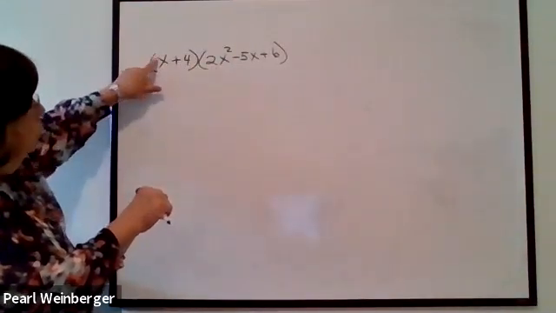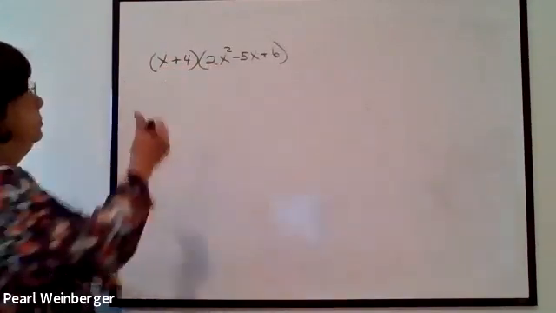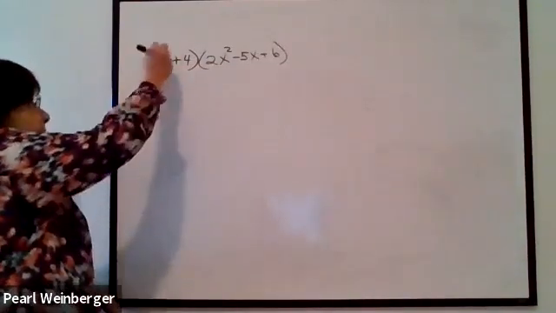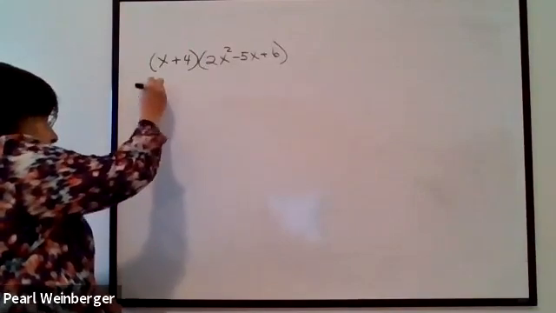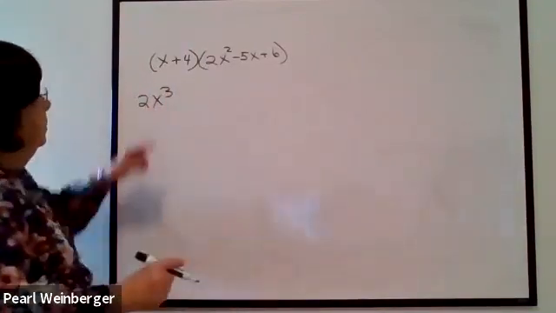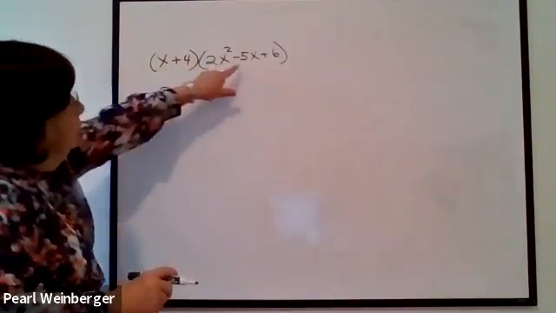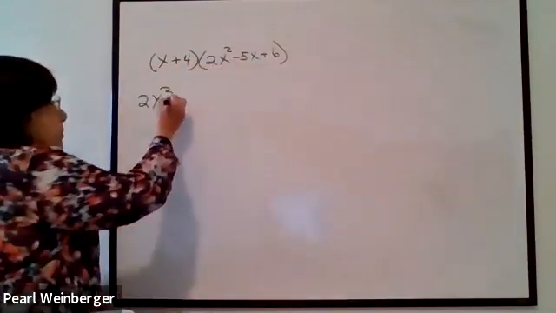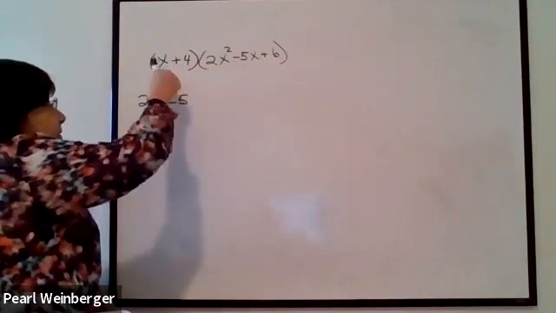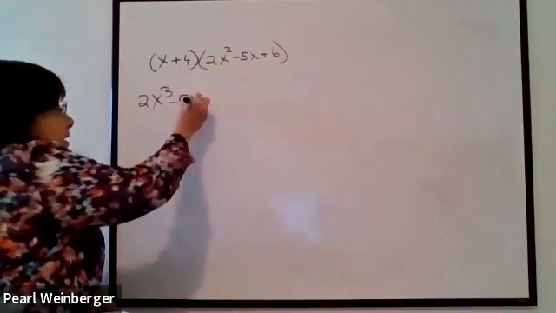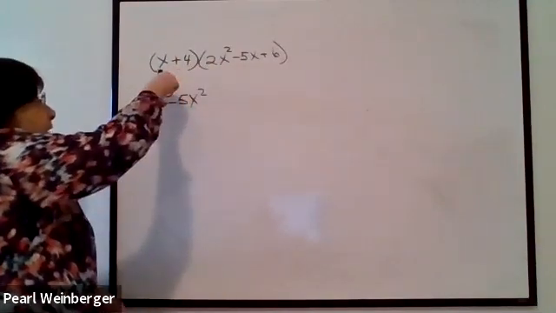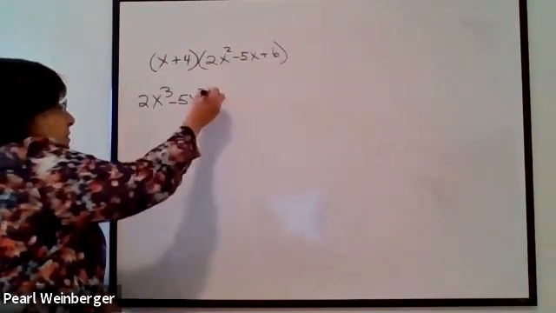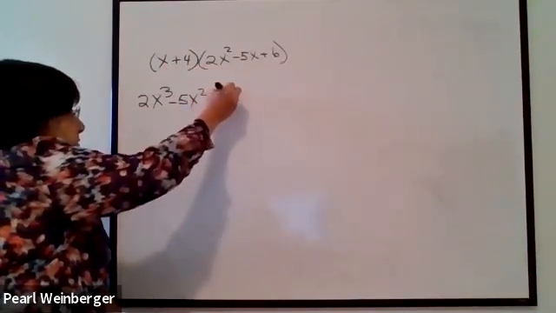Remember, there's like a 1 in front of the x. 1 times 2 is 2, and x times x squared is x to the third. Then x times negative 5x: 1 times negative 5 is negative 5, and x times x is x squared. Finally, x times 6 gives us 6x.